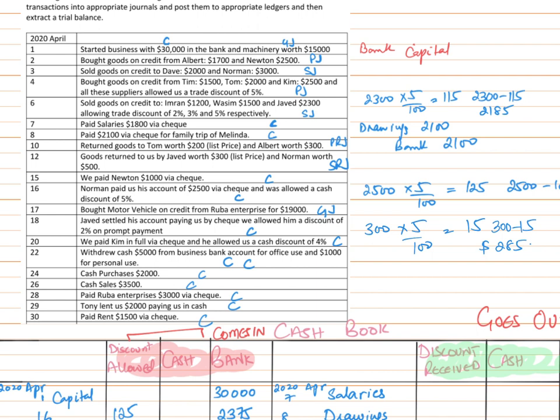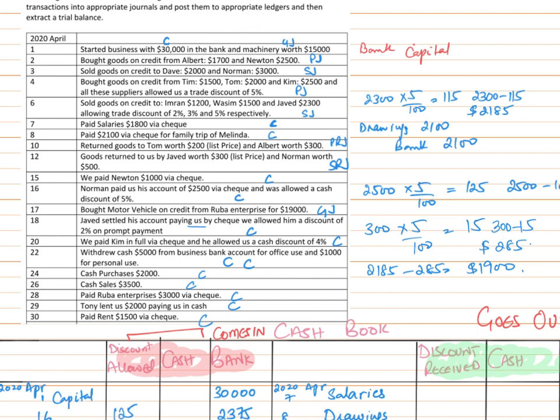So we sold goods of $2185 to Javed, and he returned goods of $285. So how much does Javed have to pay? 2185 minus 285. As of now we can understand that Javed has to pay $1900. He had to pay $1900 to the business, but then what happened?